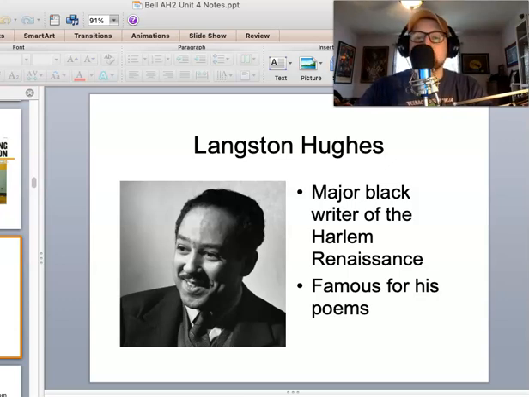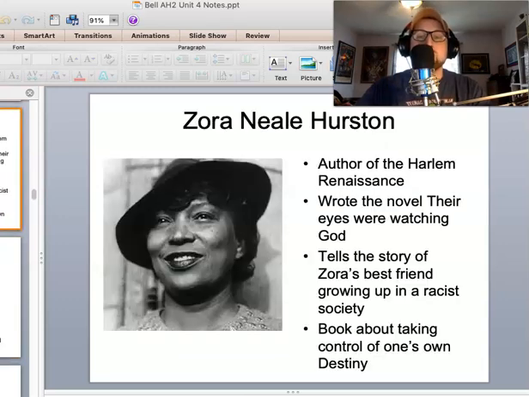I'm not a poet guy, so I can't go over the poems of Langston Hughes and break them down for you, but he is one of the most famous American poets. Another famous writer during this time period is Zora Neale Hurston. Now, I do know a little bit more about her works because we had to read this in college. Zora Neale Hurston wrote a book called Their Eyes Were Watching God, and it tells the story of a girl who grows up in a racist society, and how this girl does not accept what society sees her as in the South.